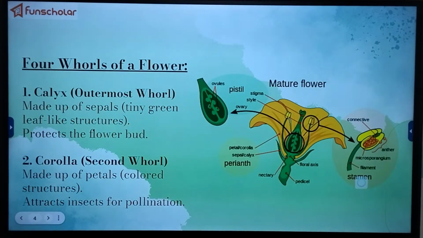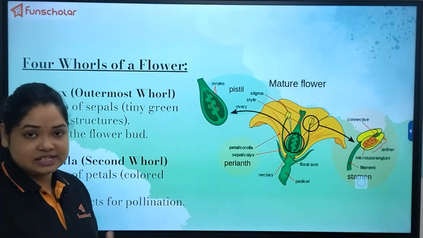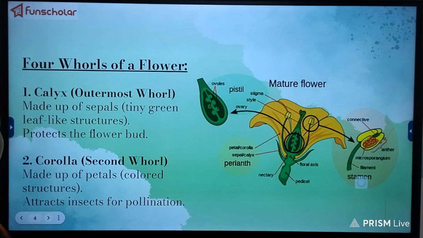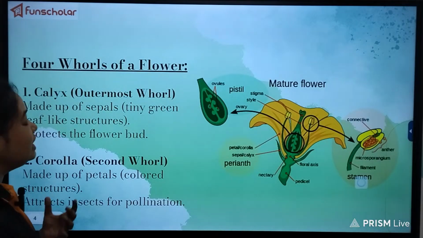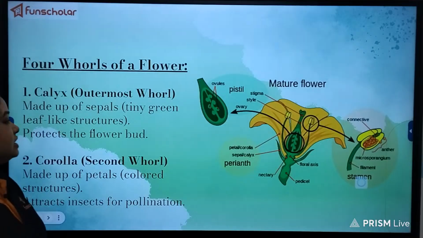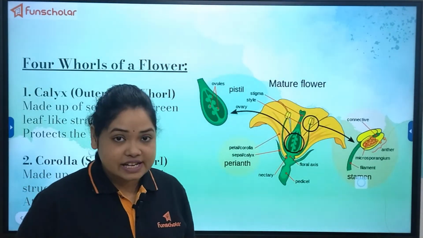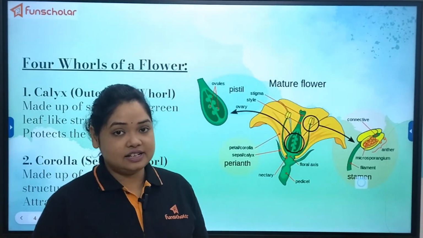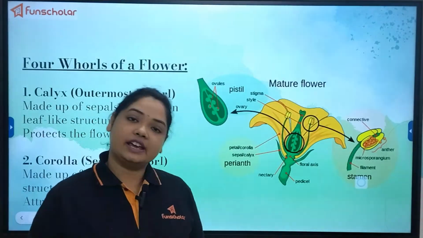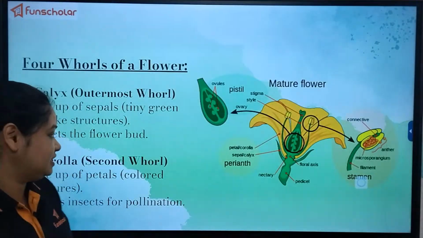Now, the four whorls about which we have already known in the lower classes. So let's recapitulate once more here. Calyx is the outermost whorl which consists of the green leaf-like structures called the sepals. The purpose of the sepals is to protect the flower at its bud stage, and since they are green in color, that means they contain the pigment called chlorophyll, hence they can also participate in the food making process, that is photosynthesis.